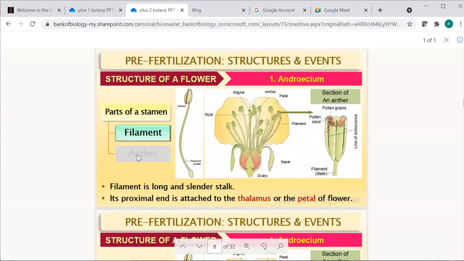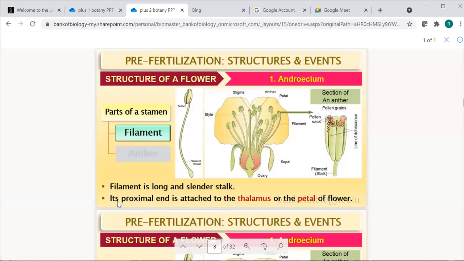We'll talk about filament. Filament is a long and slender stalk. Why is it long? इसका इतना बड़ा length क्यों दिया है? So that it can move. When it moves, उसका जो spores है, it can fall onto the female reproductive part.